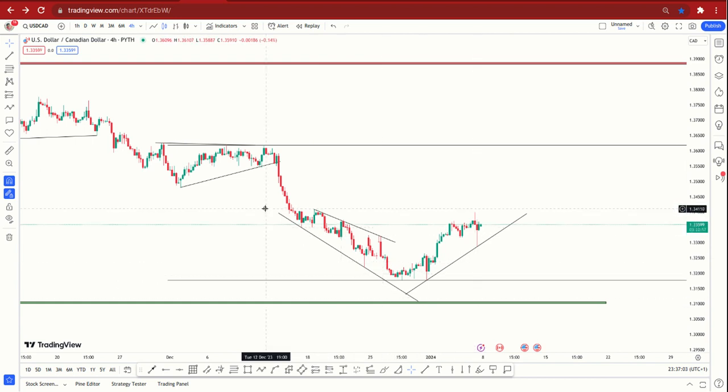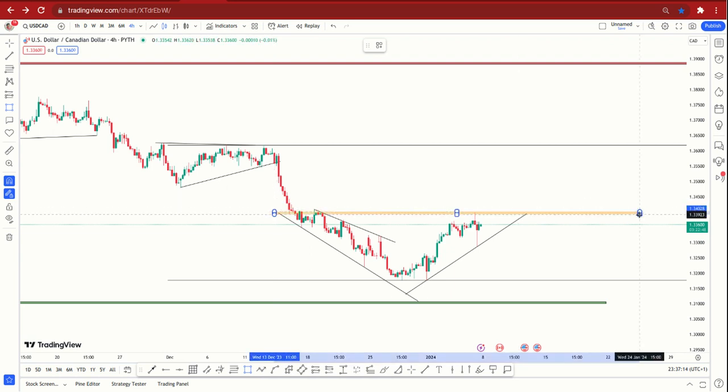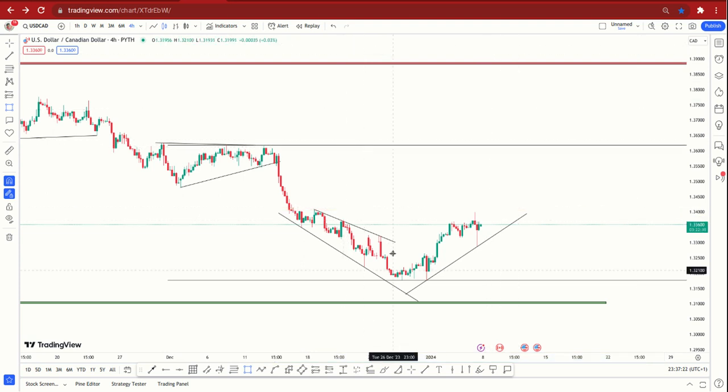So I'm looking at this zone here to be a reversal zone. If we see a reversal in this zone, it would have been nice. Okay, but I won't monitor that zone again.